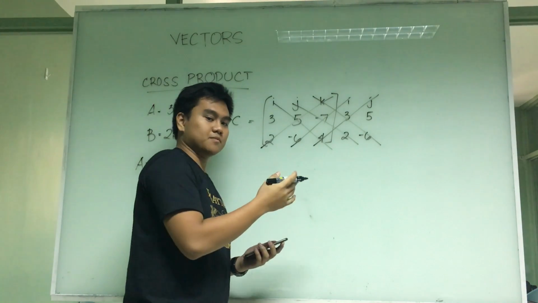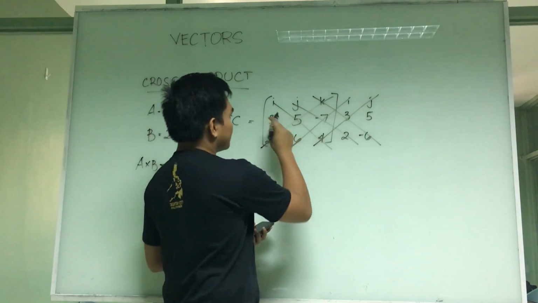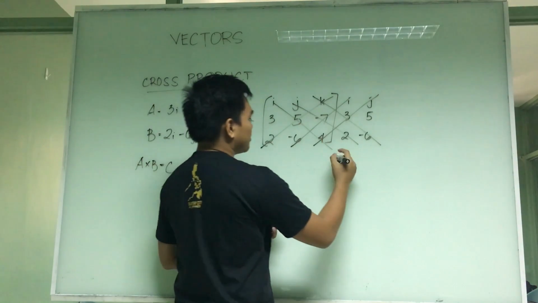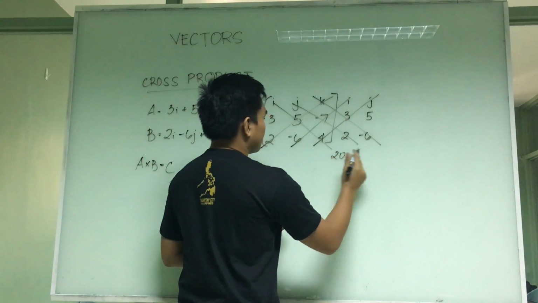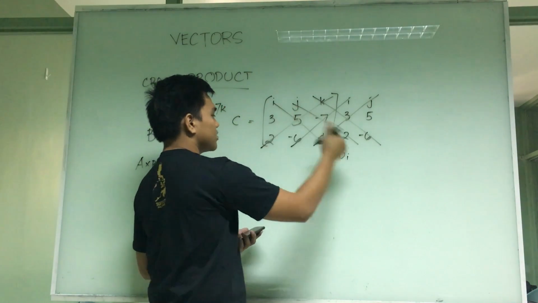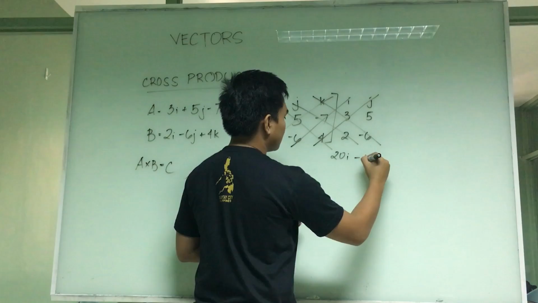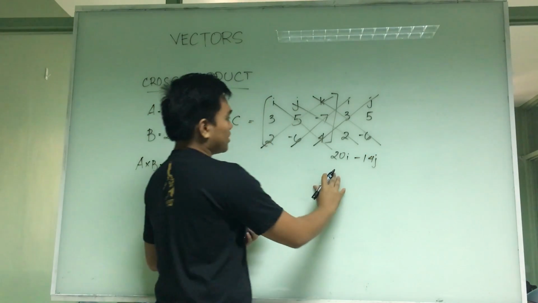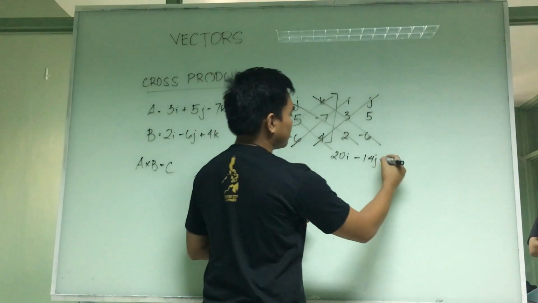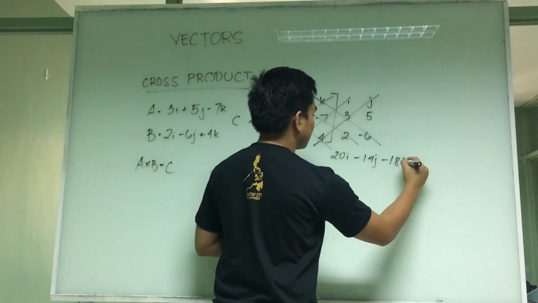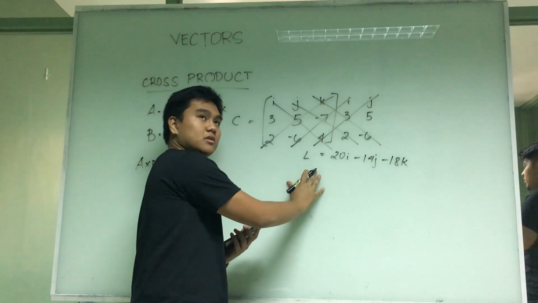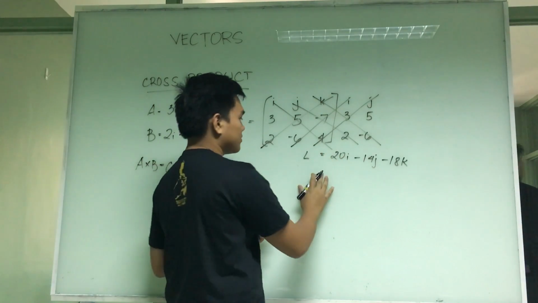So let's first do the downward diagonals. i times 5 times 4 will be 20i. Negative 7 times 2 times j is negative 14j. And negative 6 times 3 times k will be negative 18k. Now this is our lower equation.